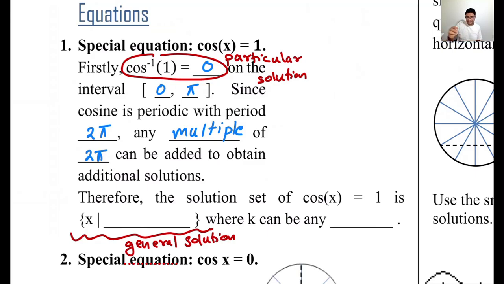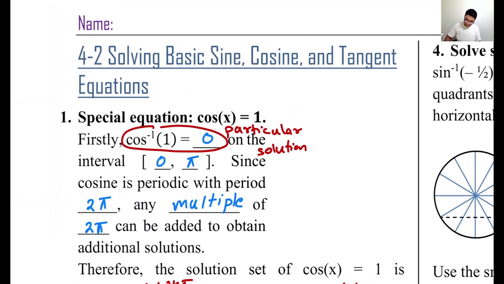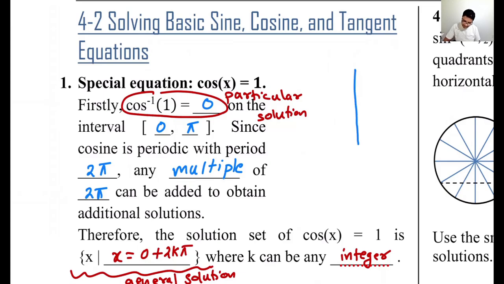The solution set is x such that x equals 0 plus 2k pi. You don't have to write 0, I'm just writing it for emphasis. A multiple of 2 pi can be written as 2k pi, where k can be any integer.